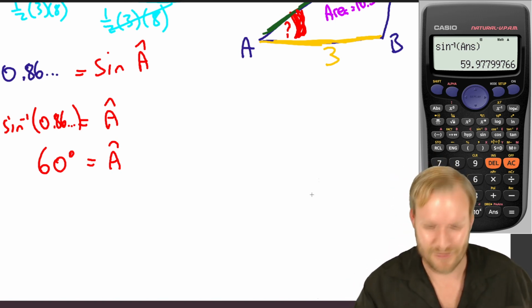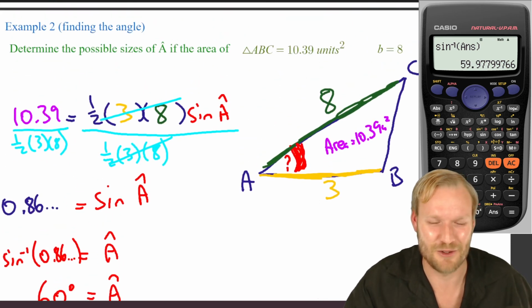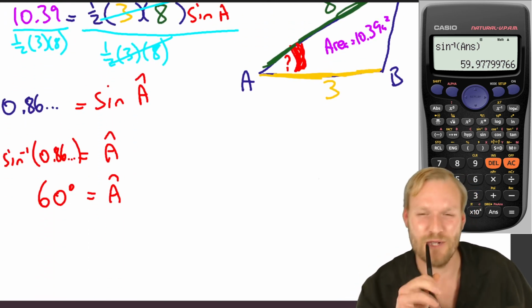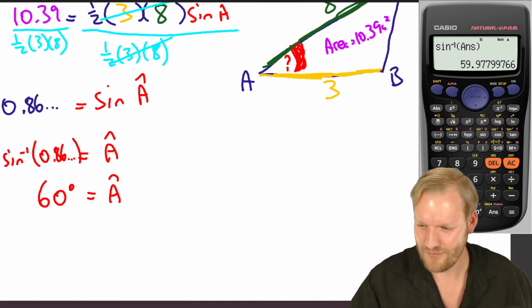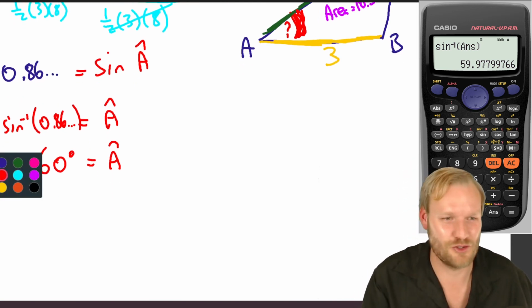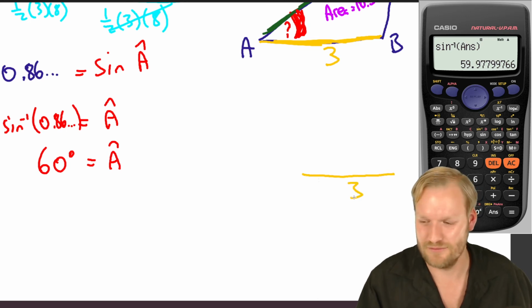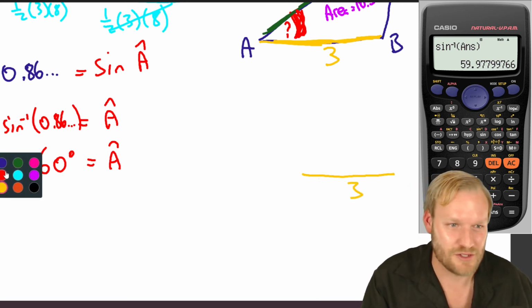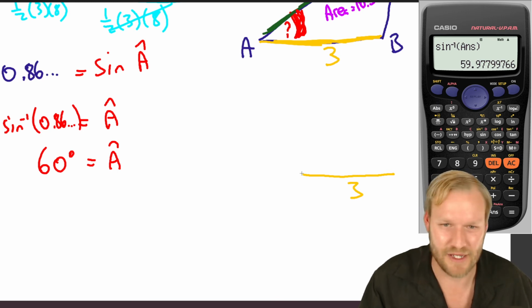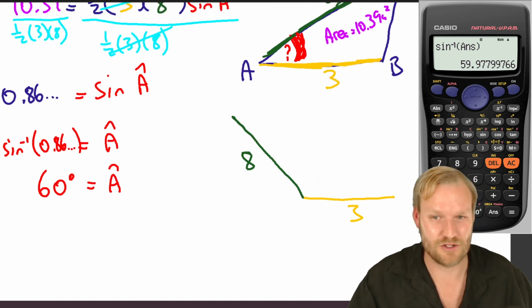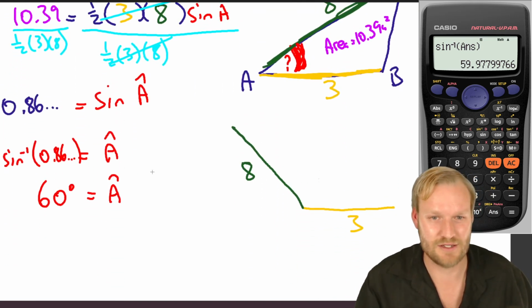Except, is it? Of course, there's another little piece of the puzzle here. That is, I drew my triangle like that. Now, why could I not have drawn my triangle and had this as 3 and this green length here I'm going to make as 8, right? Still according to what we've been told, 3 and 8.